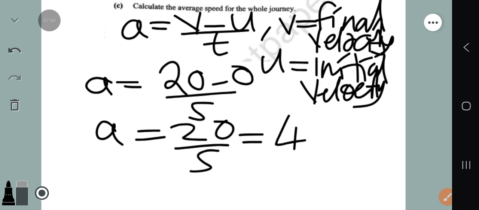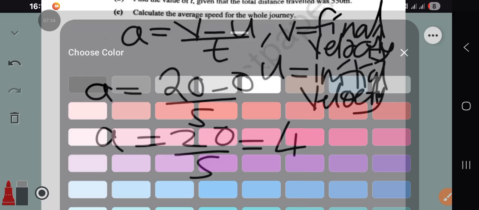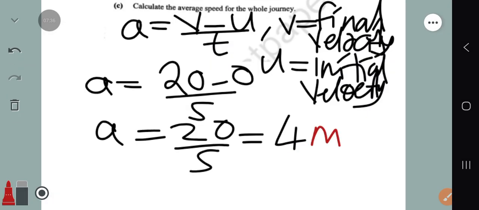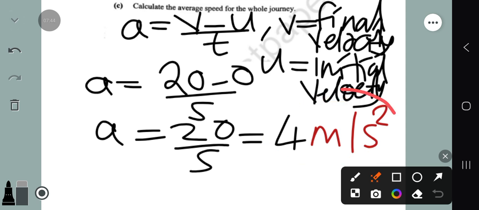So we're going to indicate 4 meters per second squared. I've used a different color so that you take note, you don't forget the SI unit. So the acceleration is 4 meters per second squared. We move on.